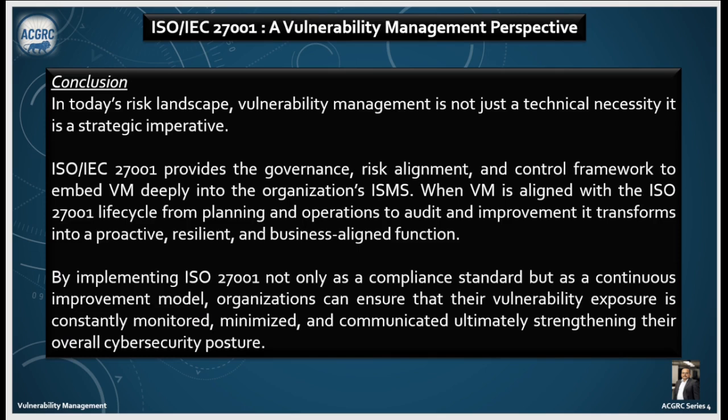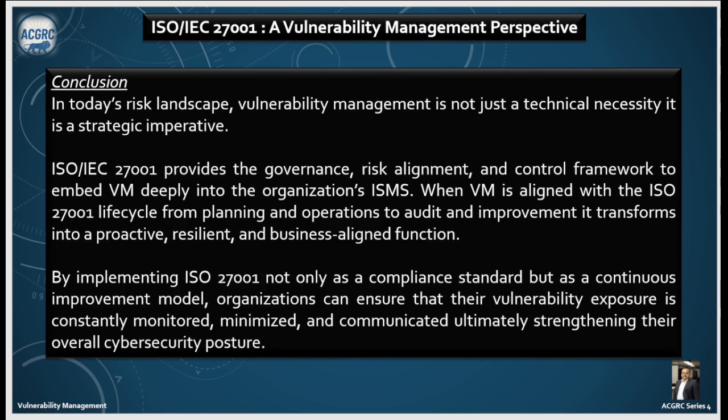In conclusion, in today's risk landscape, vulnerability management is not just a technical necessity, it's a strategic imperative. ISO 27001 provides the governance, risk alignment, and control framework to embed VM deeply into the organization's ISMS. When VM is aligned with the ISO 27001 lifecycle, from planning and operation to audit and improvement, it transforms into a proactive, resilient, and business-aligned function.